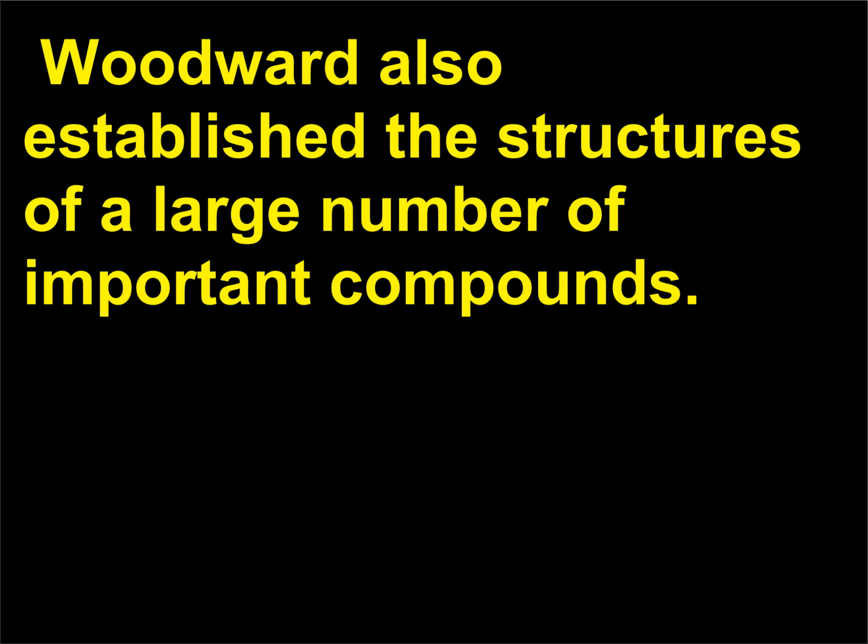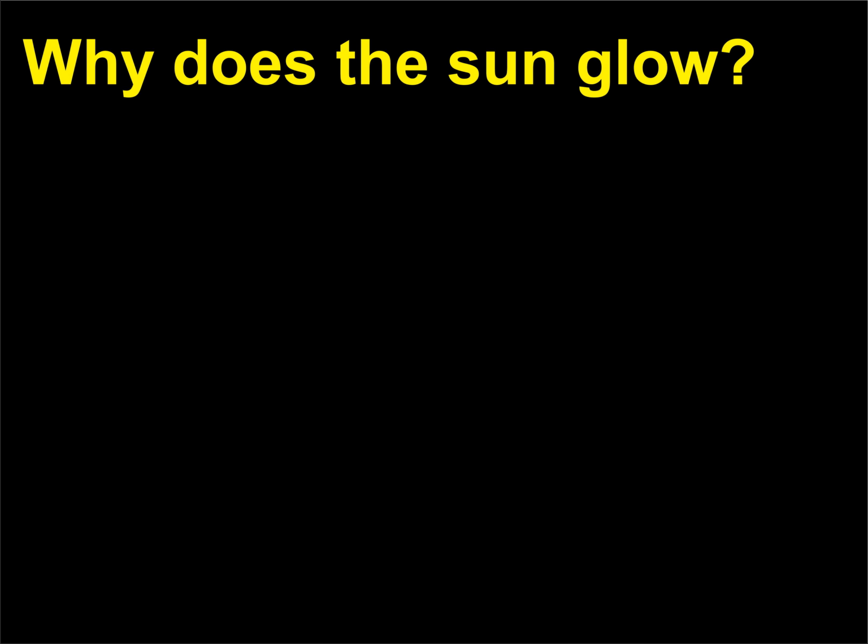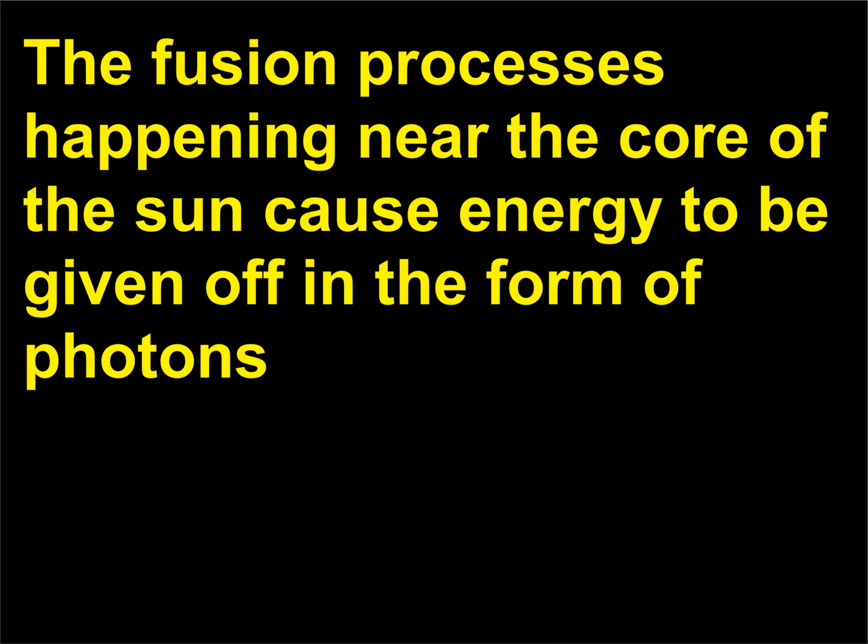Why does the sun glow? The fusion processes happening near the core of the Sun cause energy to be given off in the form of photons. See Physical and Theoretical Chemistry.